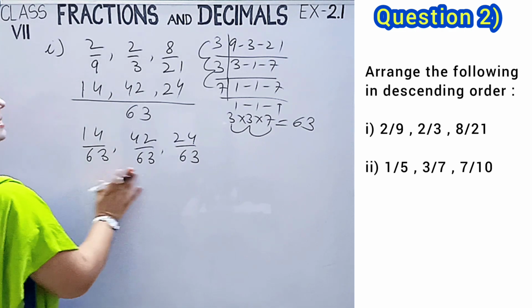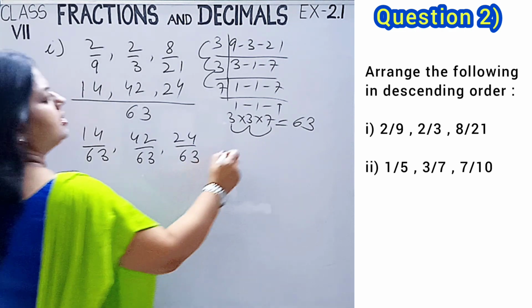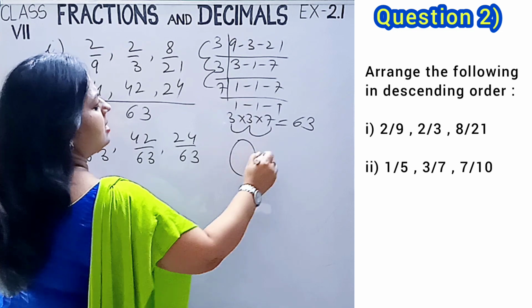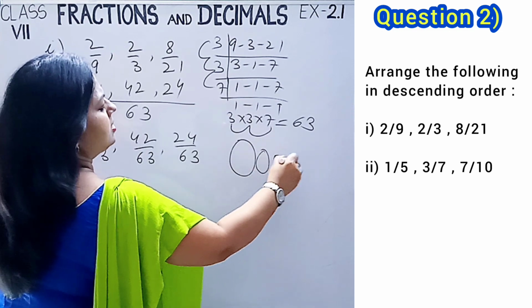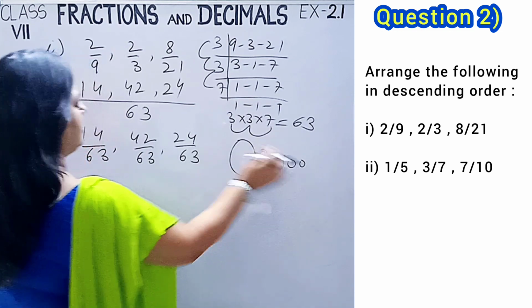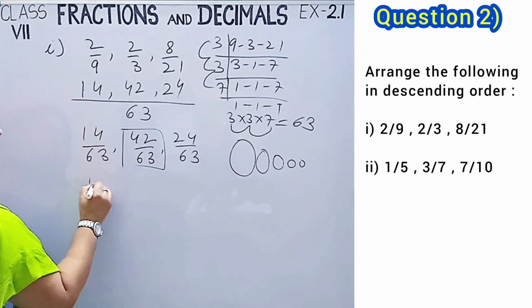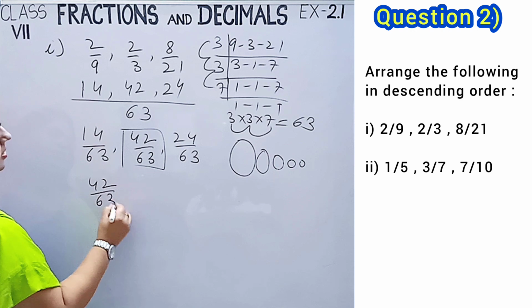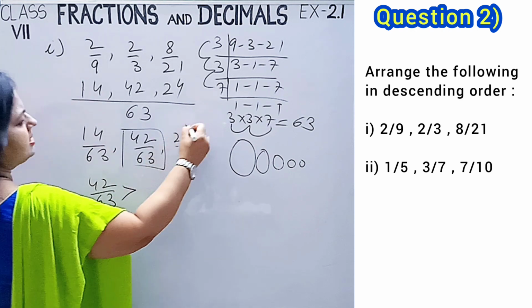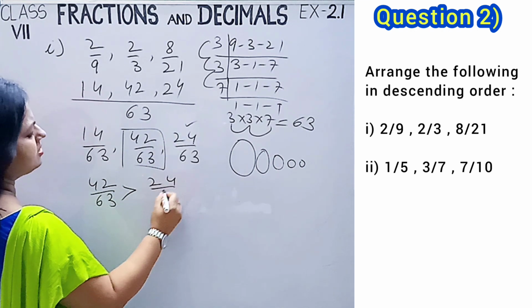We have to arrange in descending order. What is descending? The first is the bigger number, after that smaller, smaller, and smallest. So which is the bigger number? This one is biggest: 42 upon 63. Second one is 24 upon 63.